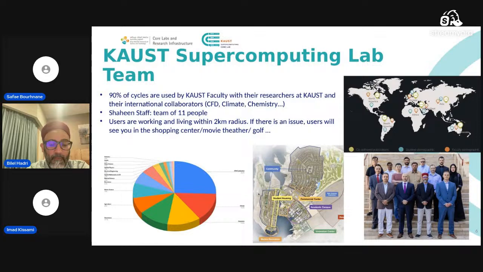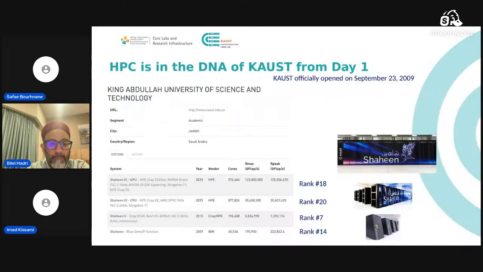The slide is probably too small to see, but we have a diverse workflow: CFD, climate, chemistry, geoscience, bioinformatics, computer science, AI, and so on. We support different workloads, so we have to ensure that our users are satisfied and can run at expected performance and functionality.